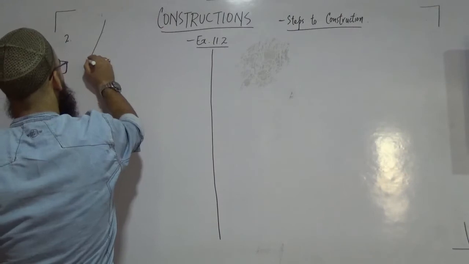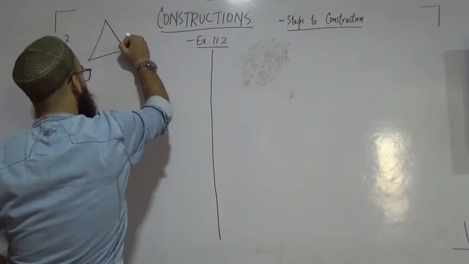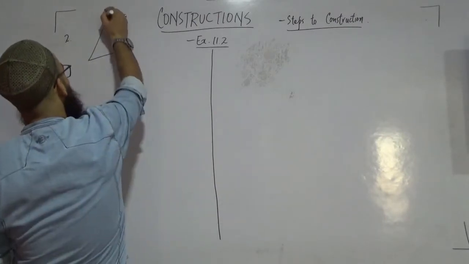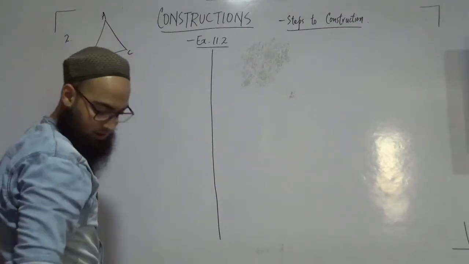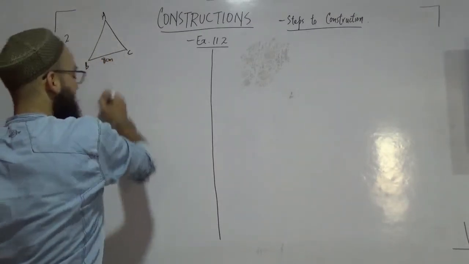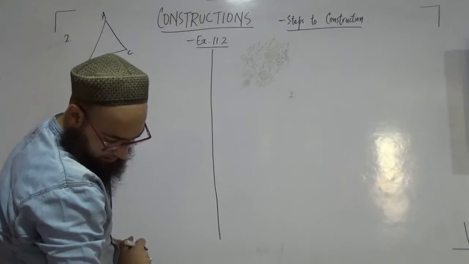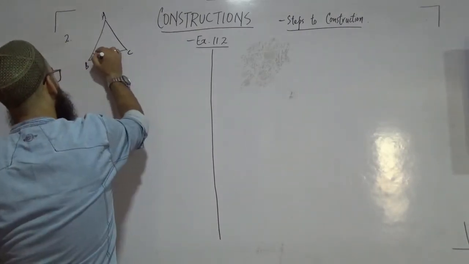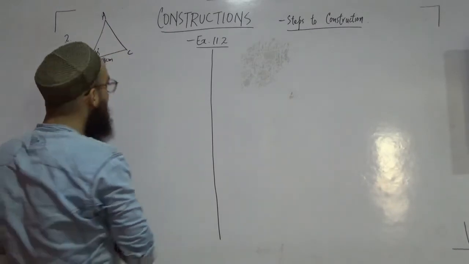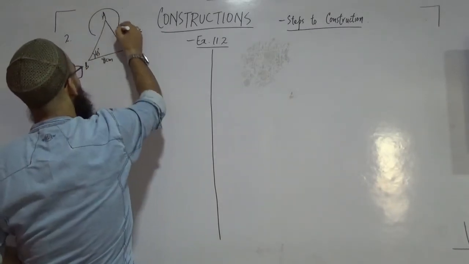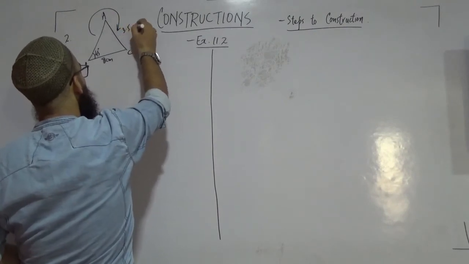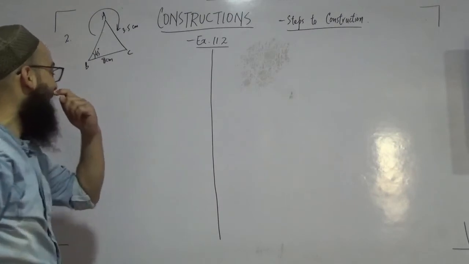So if I would draw a rough sketch, I need to construct a triangle ABC with BC equal to 8 centimeter, angle B equal to 45 degree, AB minus AC equal to 3.5 centimeter. This minus this.